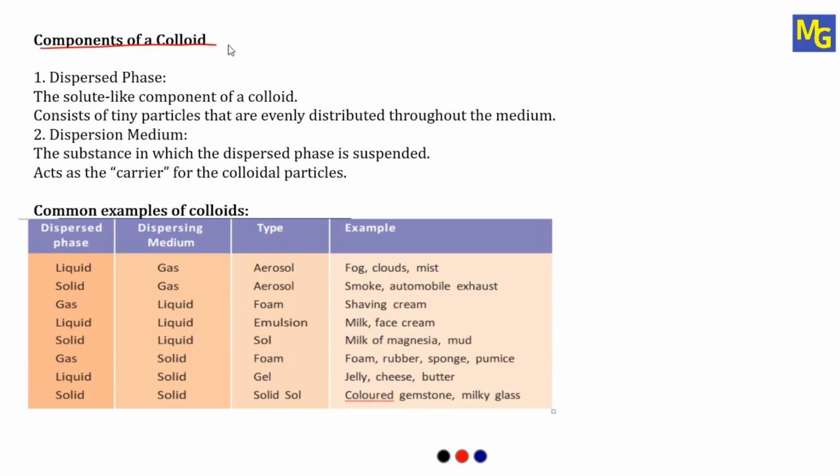The next topic is components of colloids. Very important. Whenever we want to prepare a colloid, we should have two components. One is called the dispersed phase and the second is called the dispersion medium. Remember, dispersed phase and dispersion medium. What is the dispersed phase?